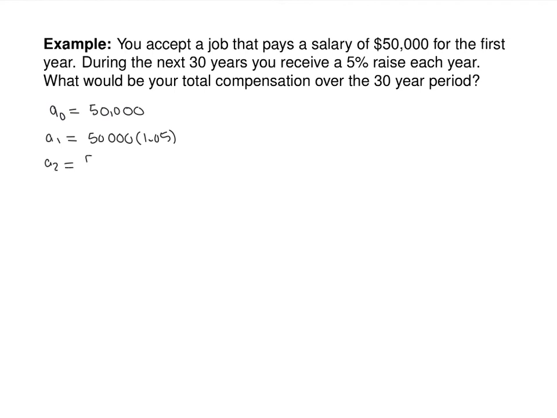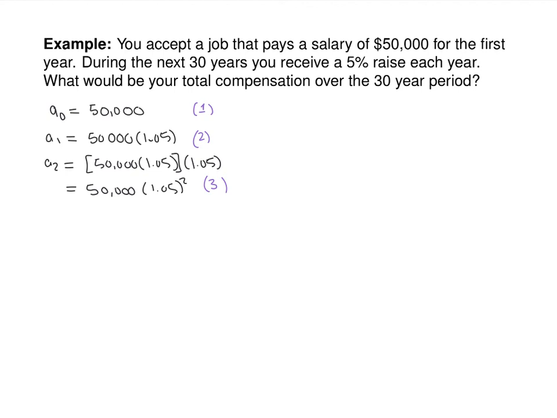A2 will be your salary from the previous year, given another 5% raise, so multiplying by 1.05 again. So that's 50,000 times 1.05 to the second. So note A0 corresponds to year 1, A1 corresponds to year 2, that's year 3.